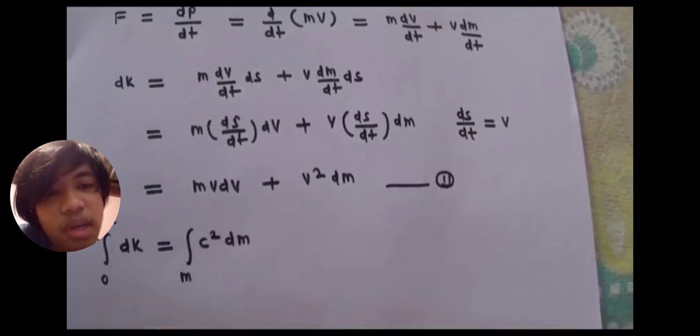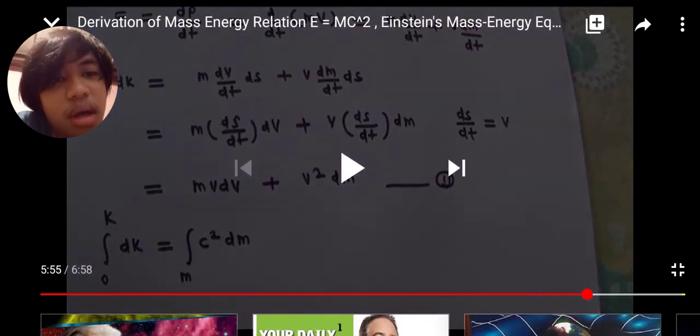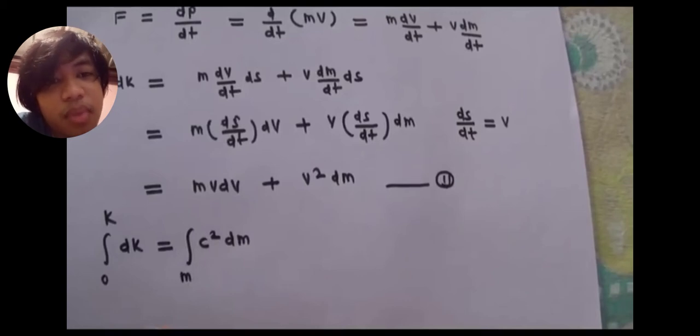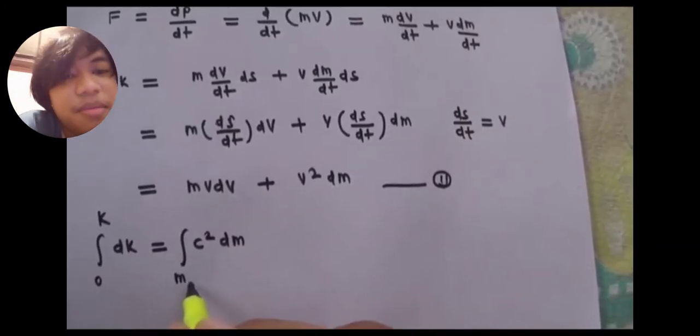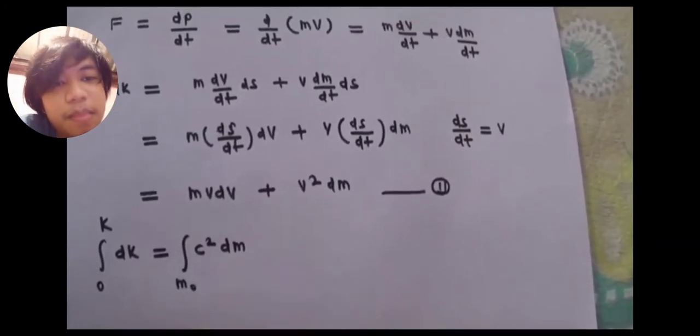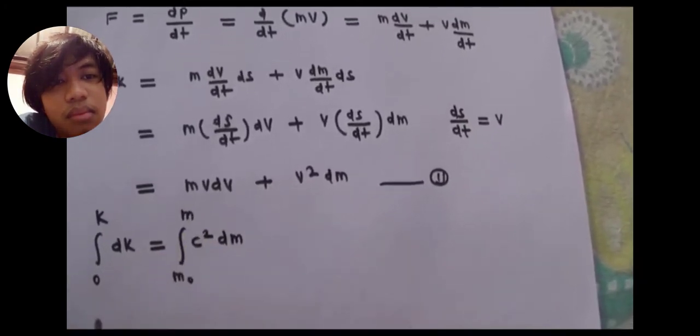We have a differential equation, and he is going to integrate to get the value of K. When kinetic energy is 0, mass is equal to rest mass, and when kinetic energy is K, mass is m.